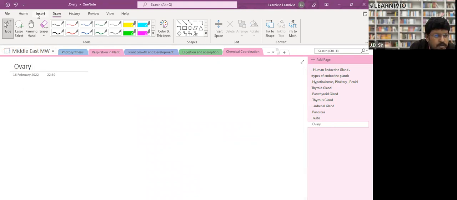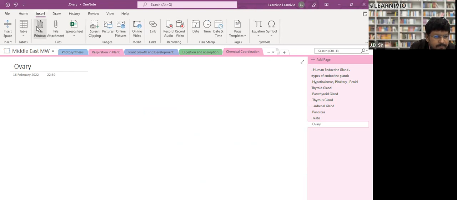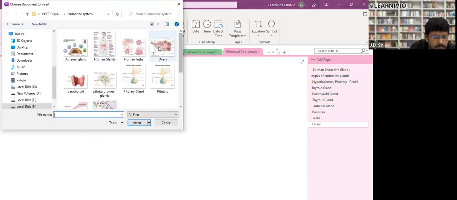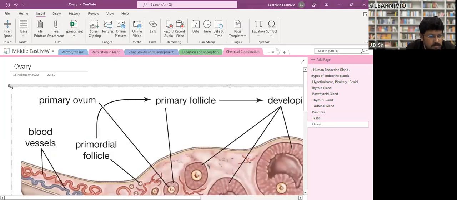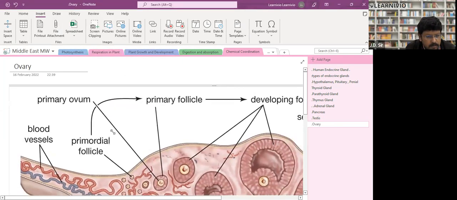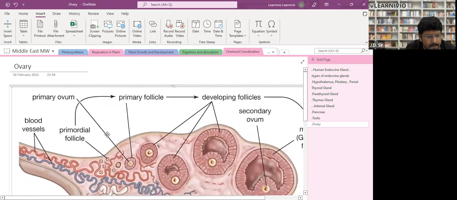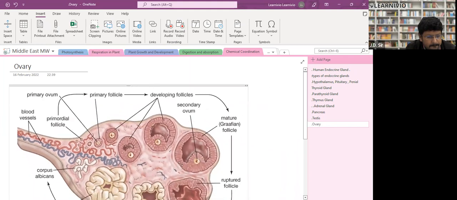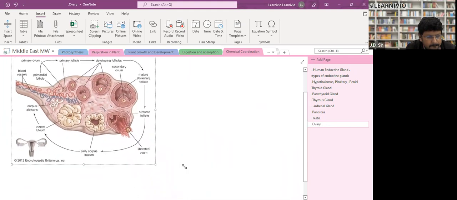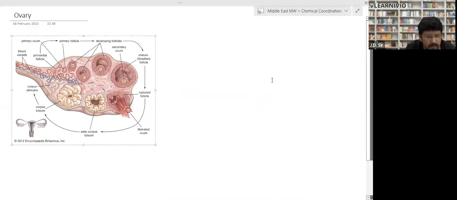This gland is found only in females. This is actually the ovary. So what happens in the ovary?